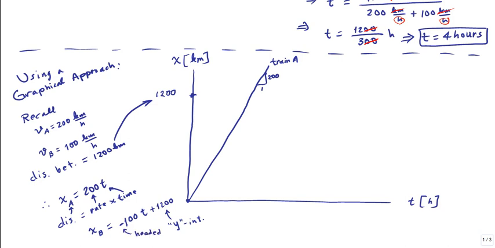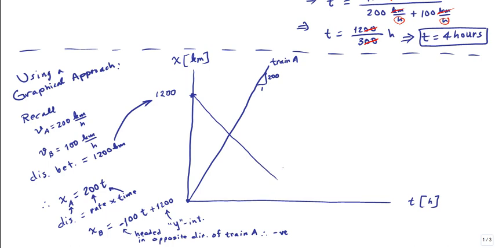It's going in the opposite direction of train A, headed in opposite direction of train A, and so we'll say therefore we'll make it negative. Okay? Now, because it's negative and it's 100, we can note its graph to be something like this.